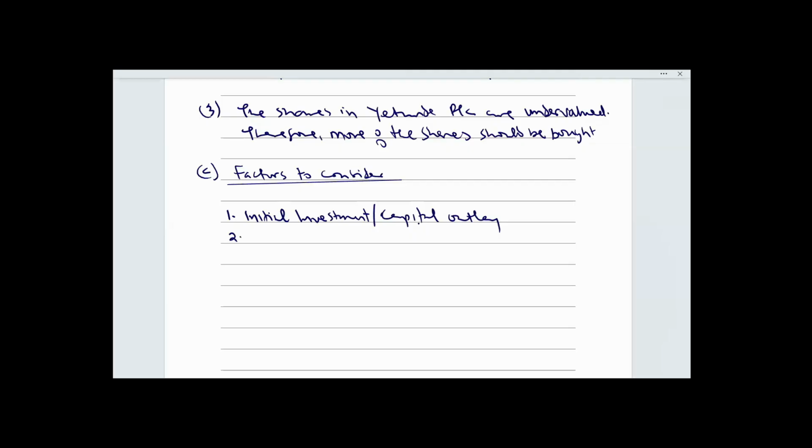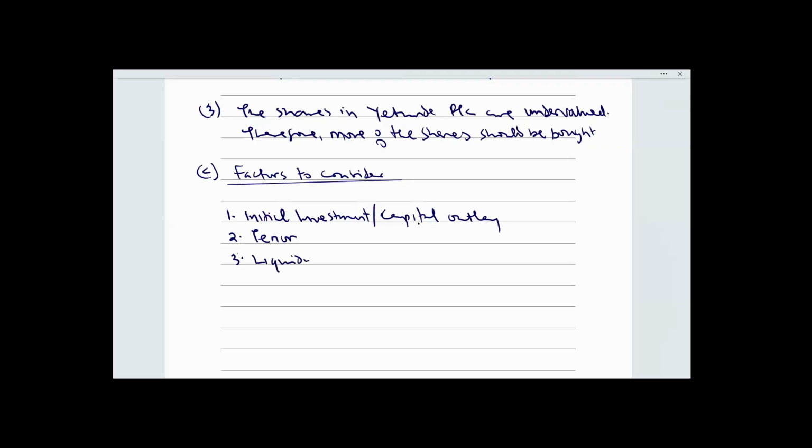Then number 2, you need to consider the tenure of your investment. How long will the investment run? This represents the duration of the investment. Is it for 3 months, 6 months, 1 year? So remember, it's a short-term marketable security. It's usually between 3 months and 1 year. All right, so that should be the tenure for short-term marketable security. Then number 3, talk about liquidity.